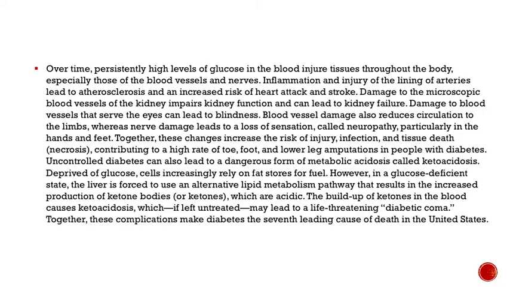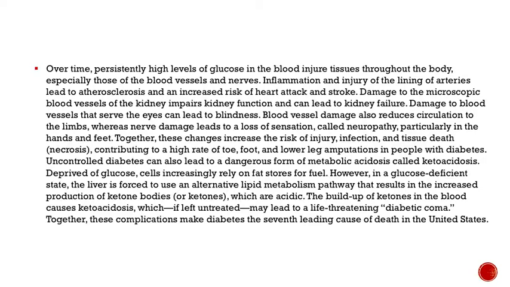Over time, persistently high levels of glucose in the blood injure tissues throughout the body, especially those of the blood vessels and nerves. Inflammation and injury of the lining of arteries lead to atherosclerosis and an increased risk of heart attack and stroke. Damage to the microscopic blood vessels of the kidney impairs kidney function and can lead to kidney failure.